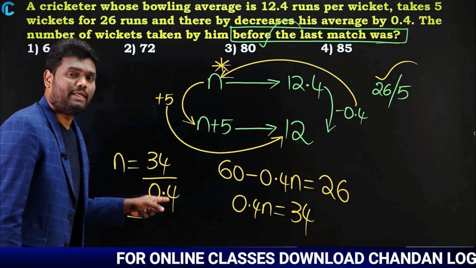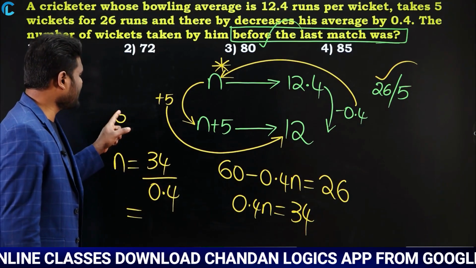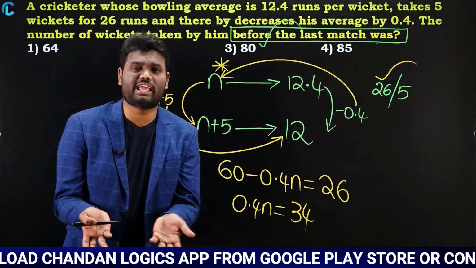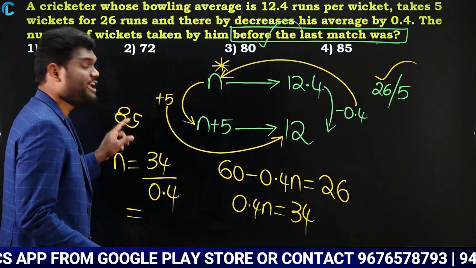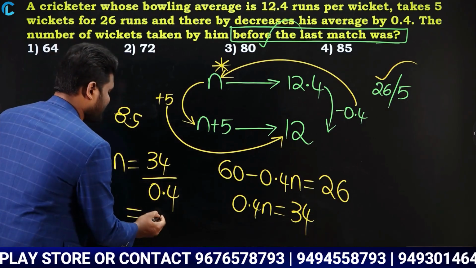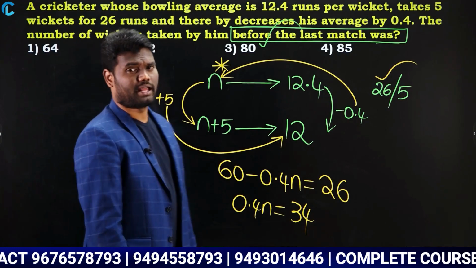If it is 4, then 4 eights are 32, and you are left with 2 more. 2 by 4 is 0.5. Actually it is going to be 8.5 if it is 4, but this is 0.4. Now the value of n is going to be 85, which means n is nothing but 85.